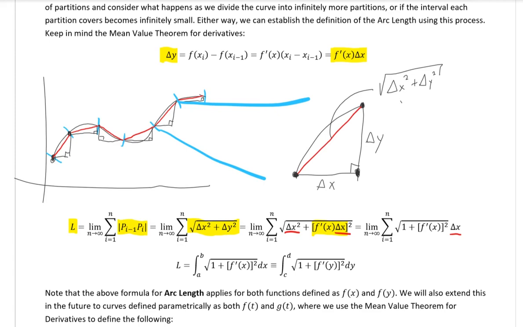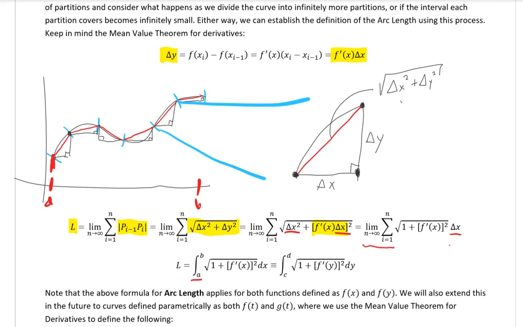And now that we see the limit of this sum with a delta x, that gives us our integral that we need, and we have the integral from a to b, or whatever, from point A to point B, whatever partition we're going on, of the square root of 1 plus f prime x squared.